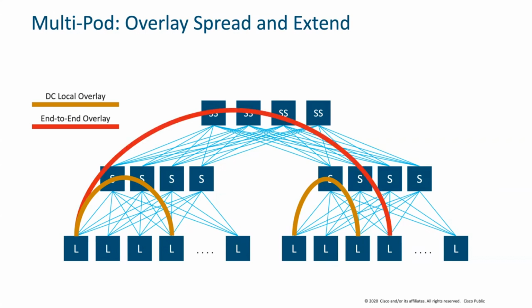One of the reasons I put this slide is that one of the things about such a design is that all the leaves in one fabric need to pair with all the leaves from the other fabric. So definitely this is a valid design. But let's assume you have 512 leaves, this will be a big routing domain.